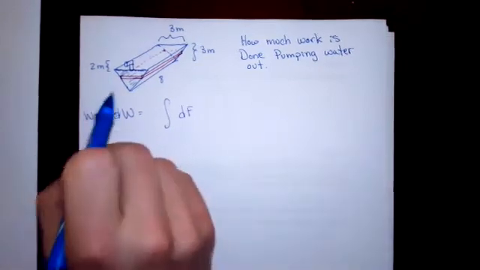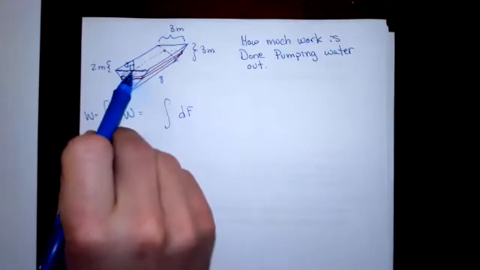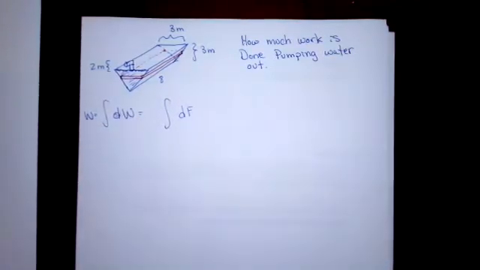Good reference points: we could always pick the bottom, not too bad. The top here, not a bad point. You could even try to pick the top of the spigot. Any suggestions? Any methods you guys want to see? Or you want me to just pick one? It should all work out the same. It's just that the numbers are going to be shifted around a little bit differently.